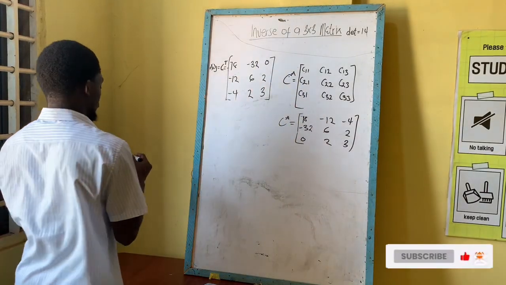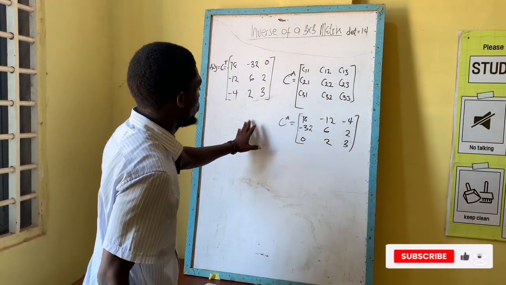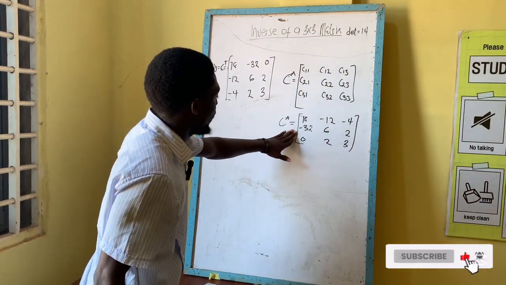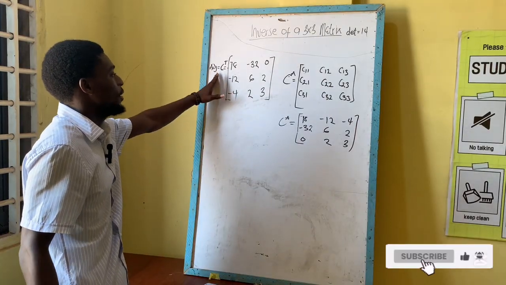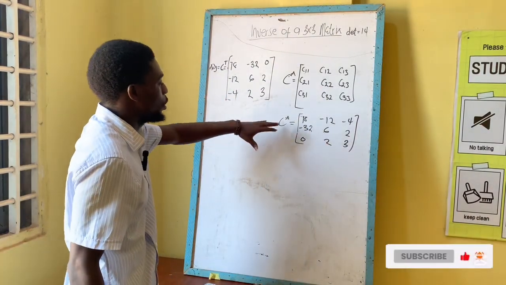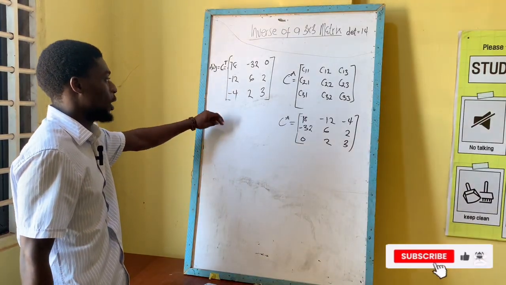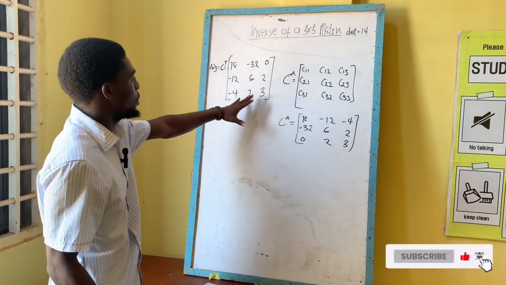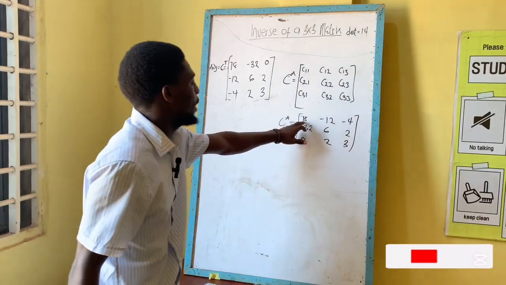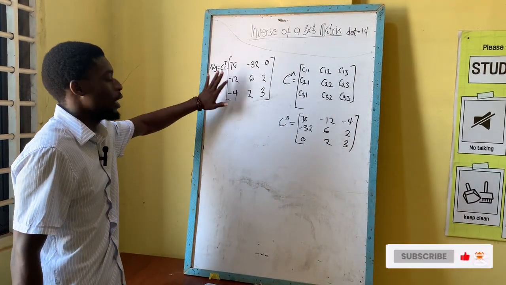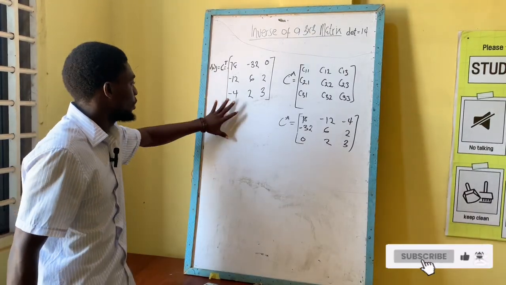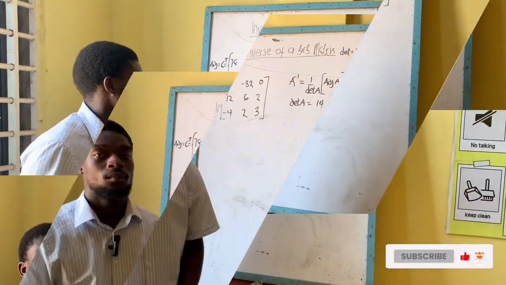So this is how we transform the cofactor into the adjoint. If you are finding the adjoint, you just have to transpose the cofactors to get your adjugate or adjoint. Transpose of a matrix is basically rewriting the rows as columns and columns as rows. So this is the adjoint or adjugate of this particular cofactor matrix.